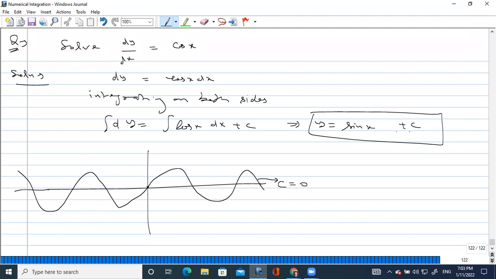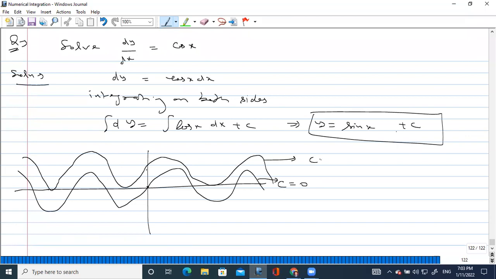Because this constant value can change. If suppose c value is positive, then the height of this will increase. The curve shape will be the same. So like this it will be.